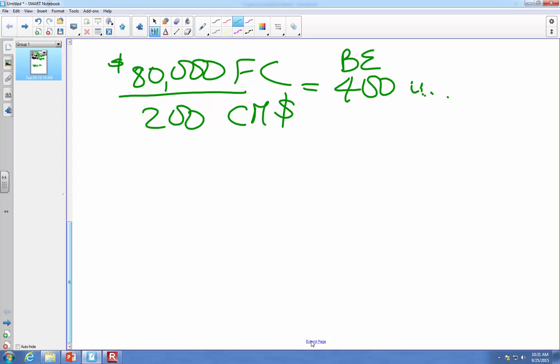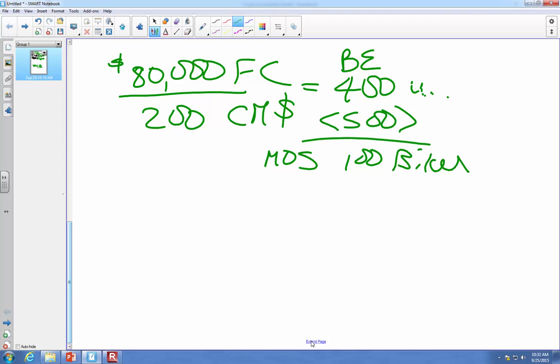How many am I actually selling? 500. So what's my margin of safety? 100 bikes. And then my question was, well, so how much wiggle room is that? 100 bikes doesn't mean much. Percentage means a lot. I'm currently selling 500 bikes. If I've got 100 bike wiggle room, that's 20%.